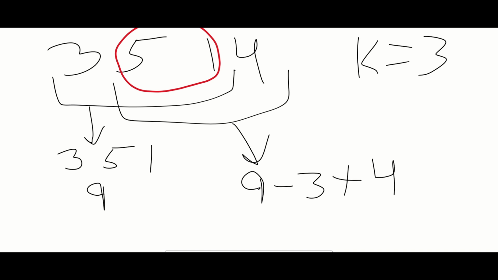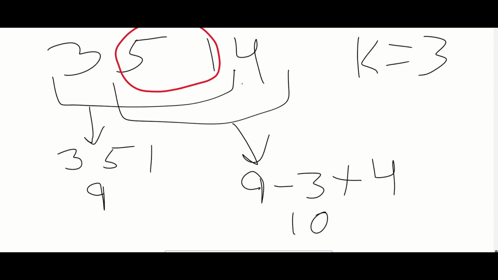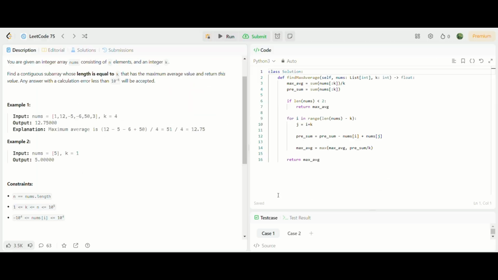So that's the whole idea. Most of the elements remain the same in the next sum, so we don't need to recompute the sum. We just need to remove one element from the previous array and add an element from the current array, right? So let me show you the code.